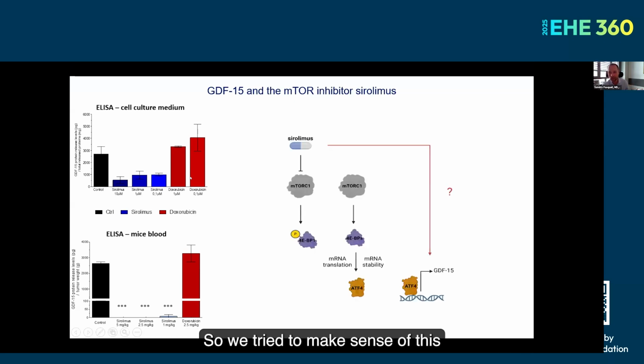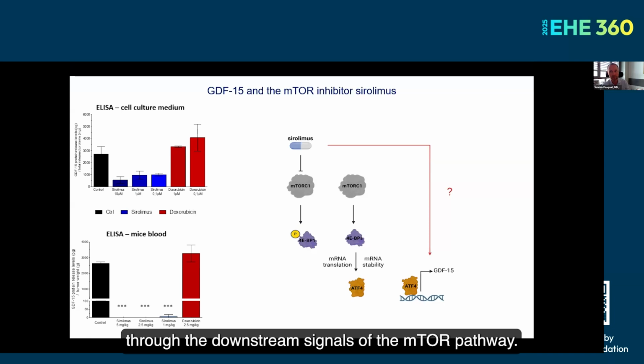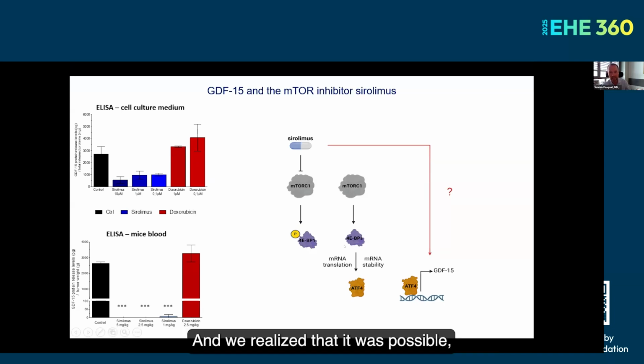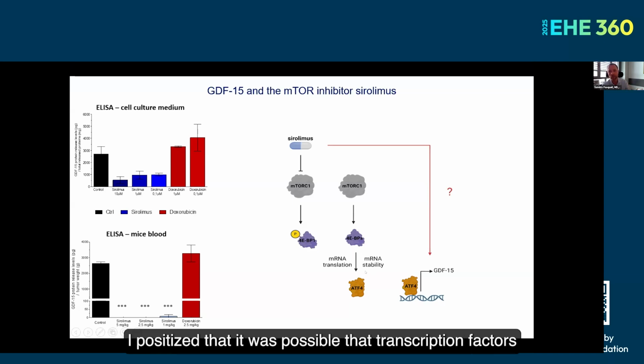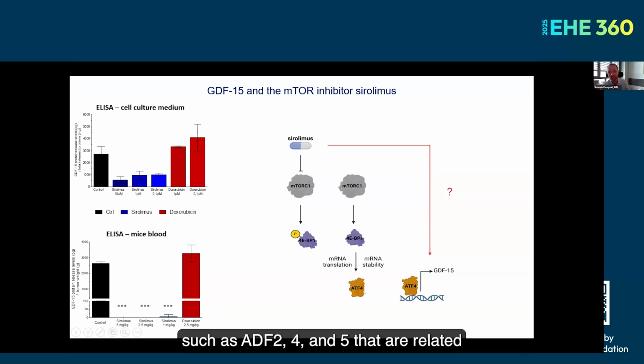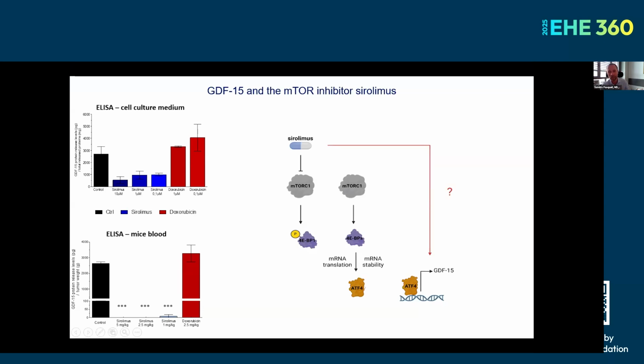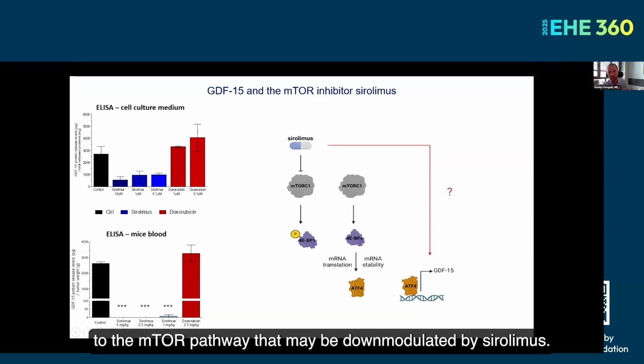So we tried to make sense of this through the downstream signals of the mTOR pathway. We hypothesized that it was possible that transcription factors such as ATF2, 4, and 5 that are related to the mTOR pathway may be down-modulated by sirolimus.